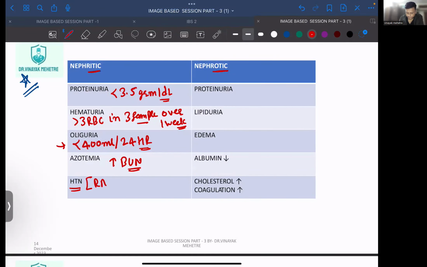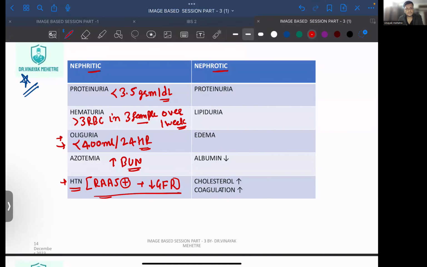RAS system, right? Renin angiotensin system, right? RAS system is going to get activated. Okay, it's going to get activated. That's why there is decrease in glomerular filtration rate. That's why we are going to have hypertension as well as oliguria. Okay, this is the nephritic syndrome.